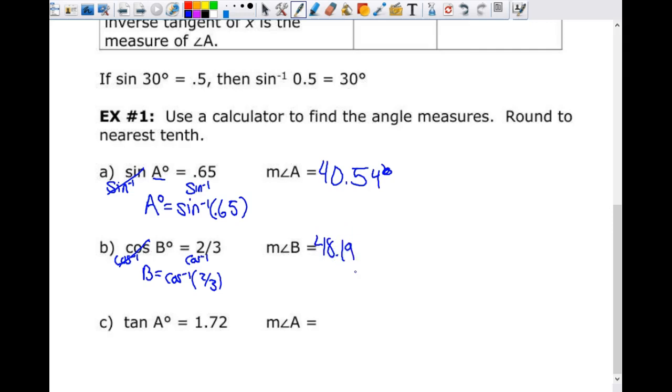Make sure it's in degrees, not radians. Hit mode. Type it in again.